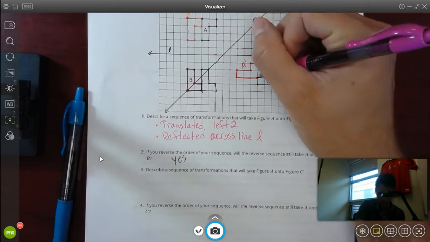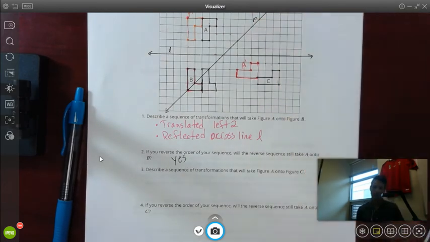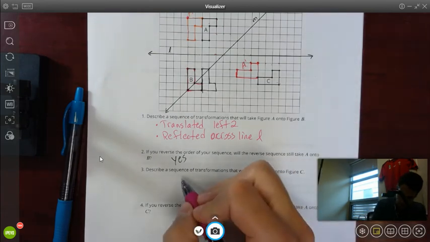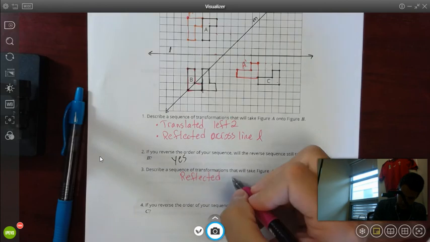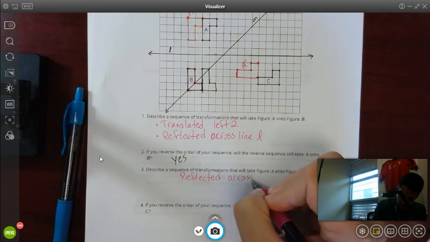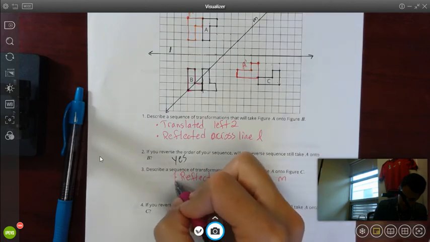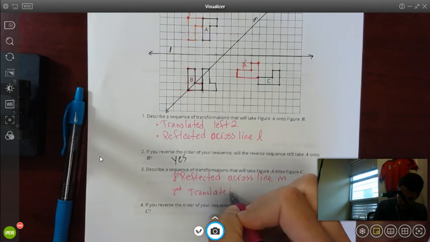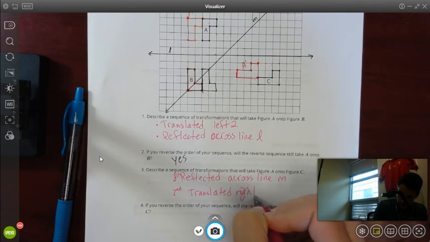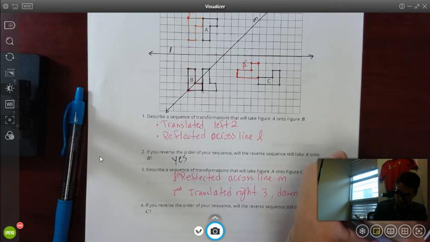And all of these work the same way. 1, 2, 3 right, down 1, and that would get us to figure C. So in this number 3, we first reflected across line M, and second, we translated right 3 and down 1.